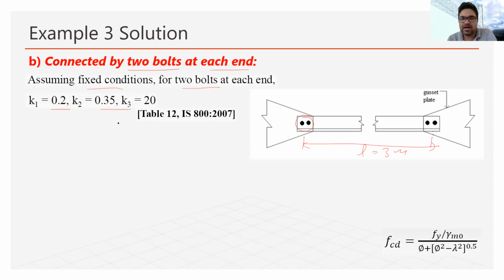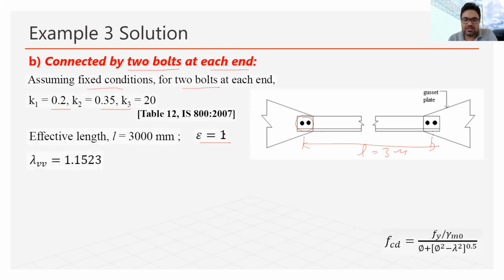I have already explained how we find these values in the previous case, so you can refer to that. So the effective length is given here. Now the yield stress ratio is given here, and the lambda VV value will be the same as we calculated in the previous case. So we have taken this directly from the previous case.